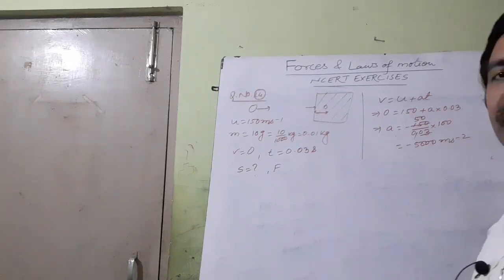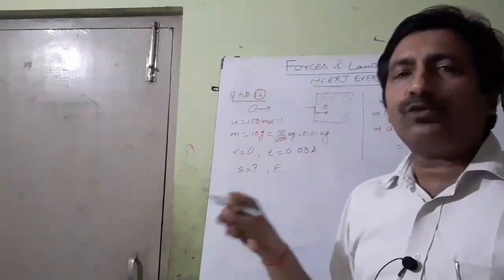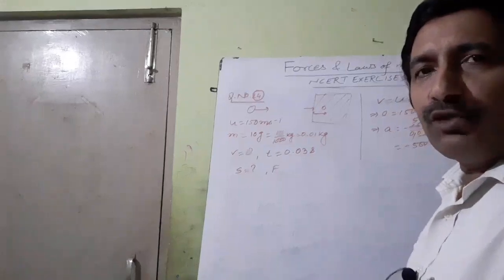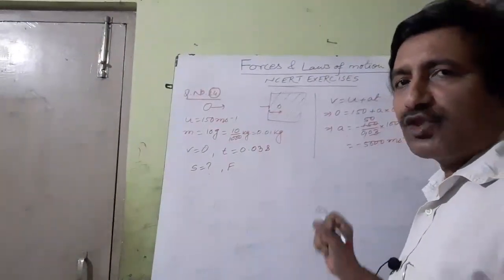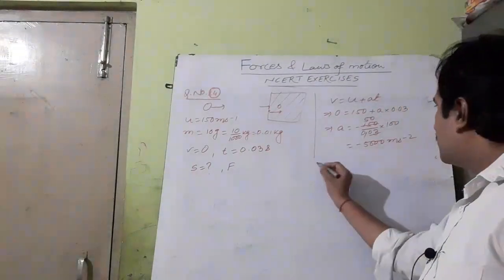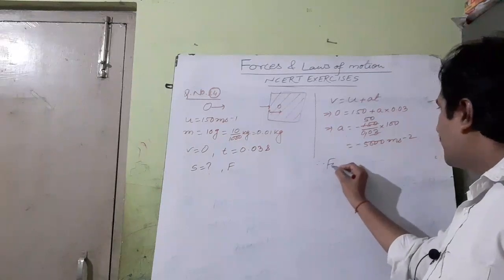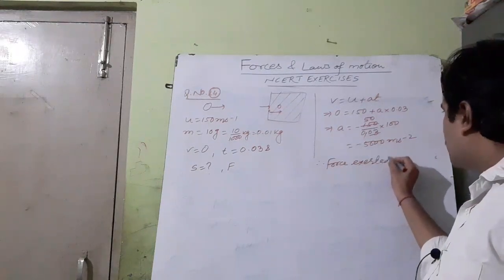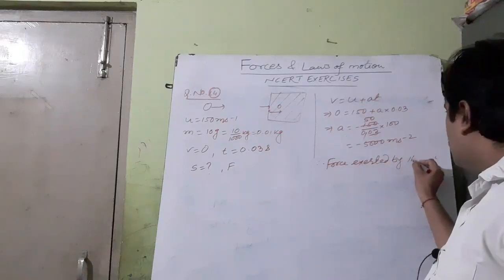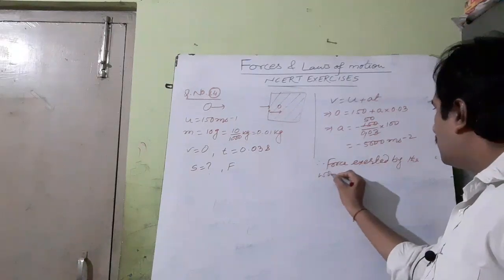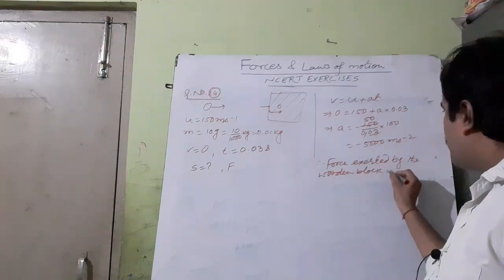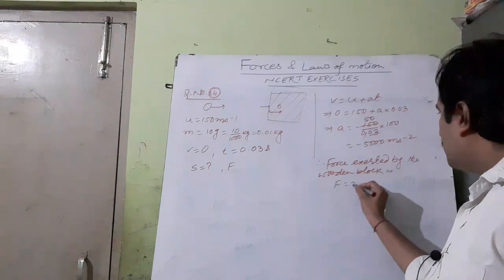This is the deceleration caused by the wooden block in the bullet, due to which the bullet will be stopped inside the wooden block. Therefore, force exerted by the wooden block is F is equal to ma.